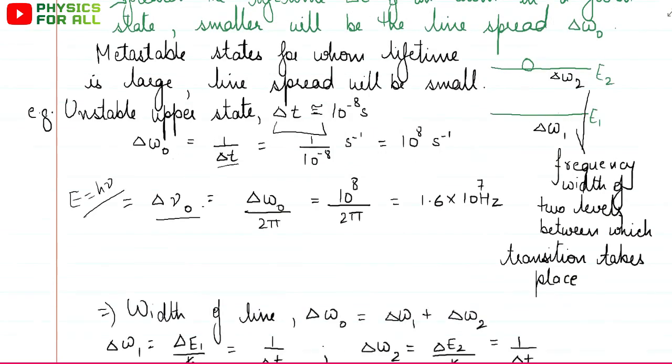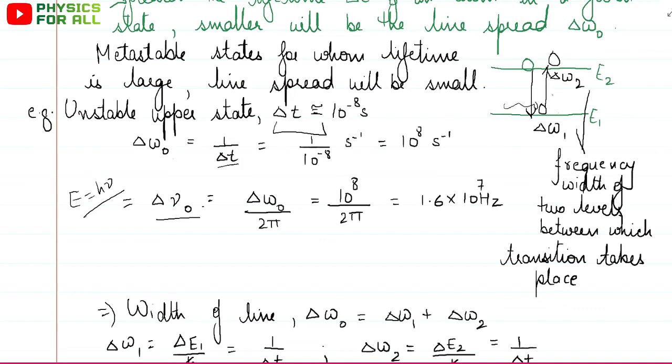So here the frequency widths of both the levels are important. It means both states have their own lifetime. The moment it is here, after some time it would come down, and the moment it is there, after some time, by getting some energy, it would again go up.